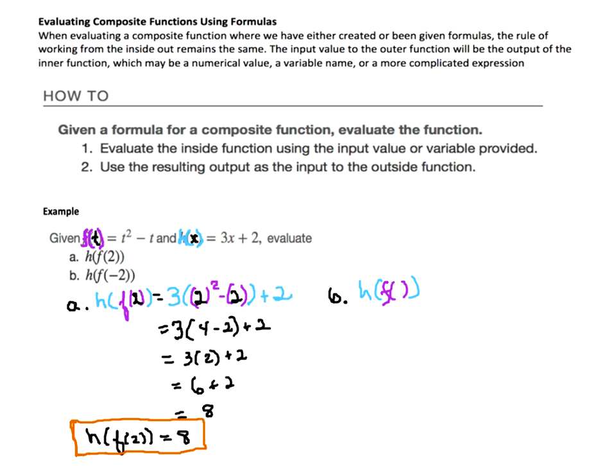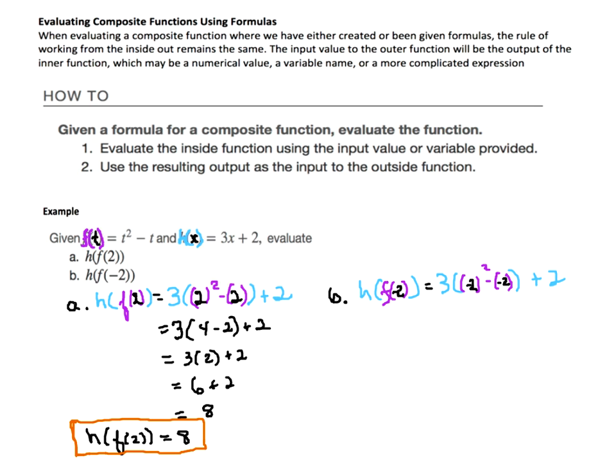The only difference is this time I'm plugging in -2. So this is what that looks like. 3 times something plus 2, and the something is something squared minus something, and the final something is -2.